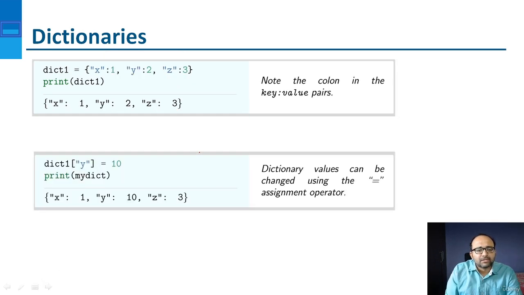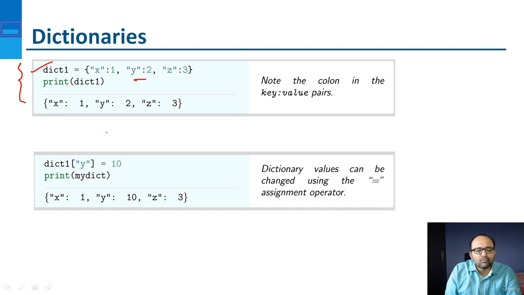Next, similarly, we will also use this representation and display like this. For example, dict1 we already know: X colon 1, Y colon 2, Z colon 3.